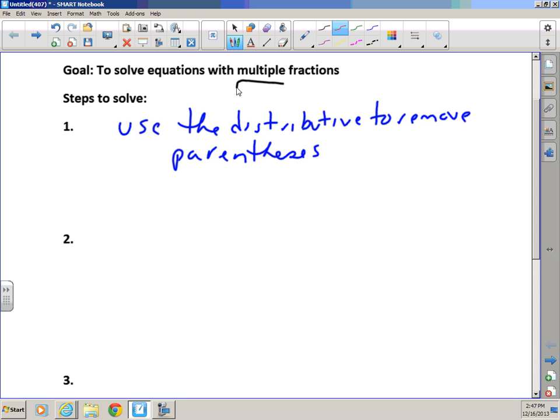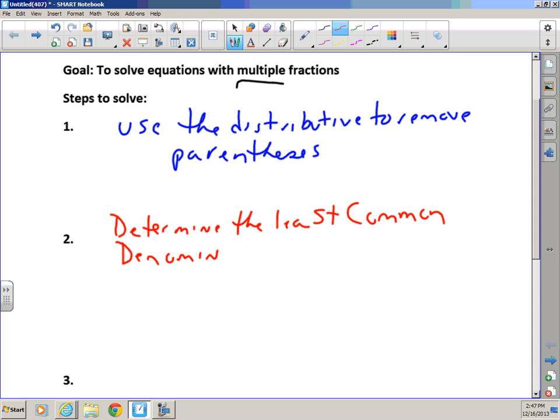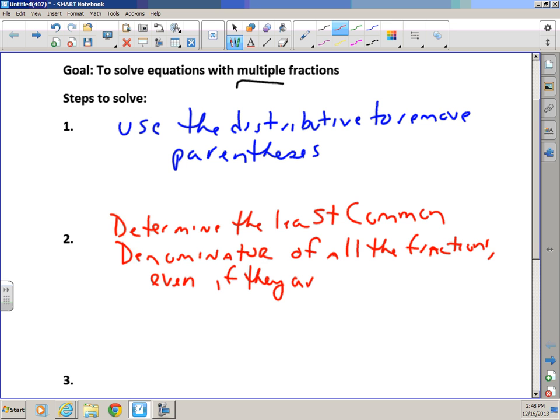Step two, determine the least common denominator of all the fractions, even if they are on opposite sides of the equal sign.